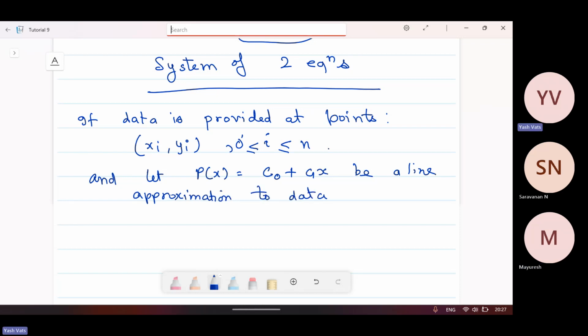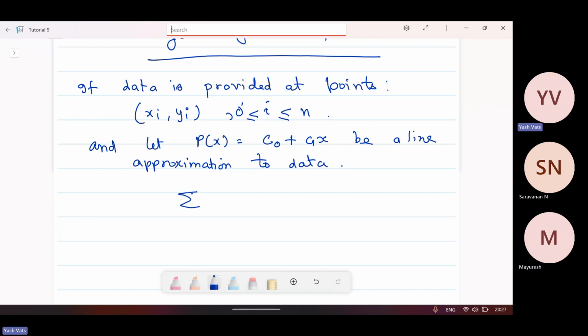Then what we do is try to make this difference, summed over i equals 0 to n, of yi minus (c0 plus c1 xi), as small as possible.